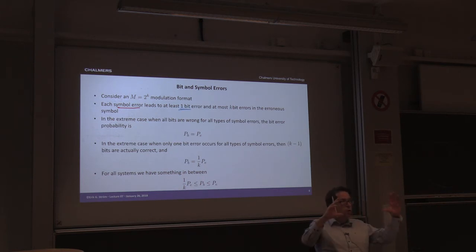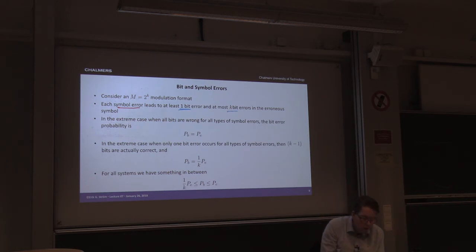Because a symbol carries k bits, and as soon as one symbol is wrong, this bit pattern is wrong. So at least 1 bit must be wrong. The other bits could be correct, but at least 1 bit has been flipped. So a symbol error gives at least 1 bit error, but at most k bit errors. In practice, it's some number in between, and we don't know what.